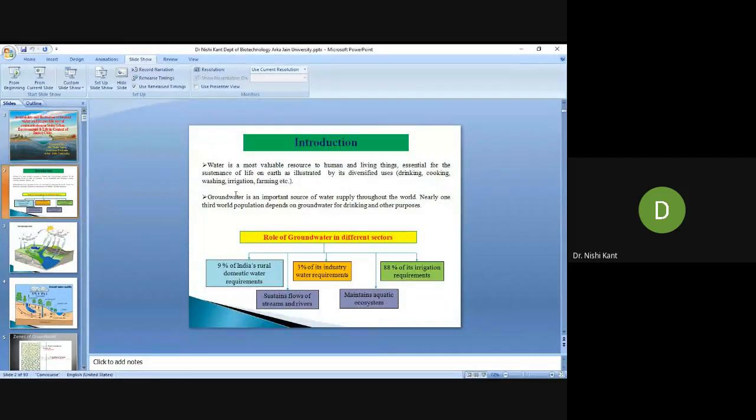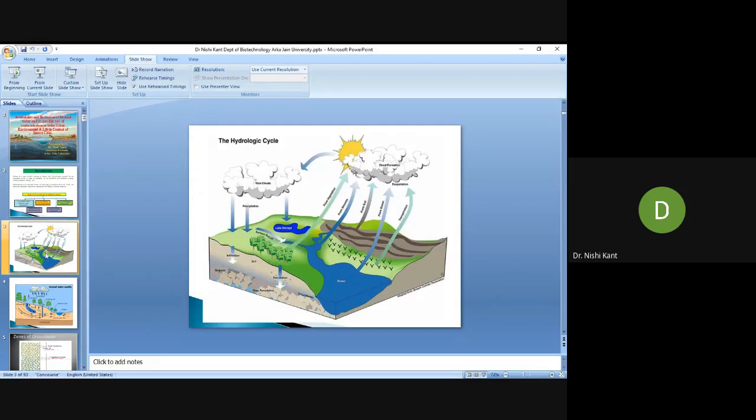Water is the most valuable resource to human and living beings, essential for the sustenance of life on Earth. The role of groundwater is very diverse. Hydrological cycle. Hydrology means the science of water.